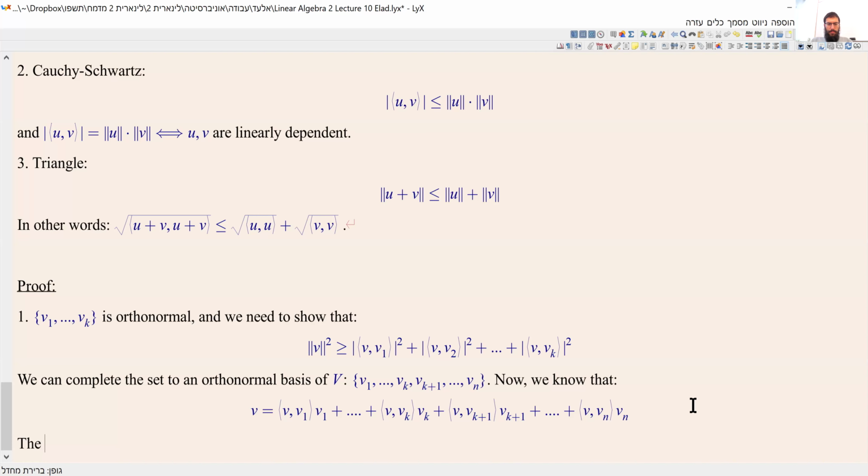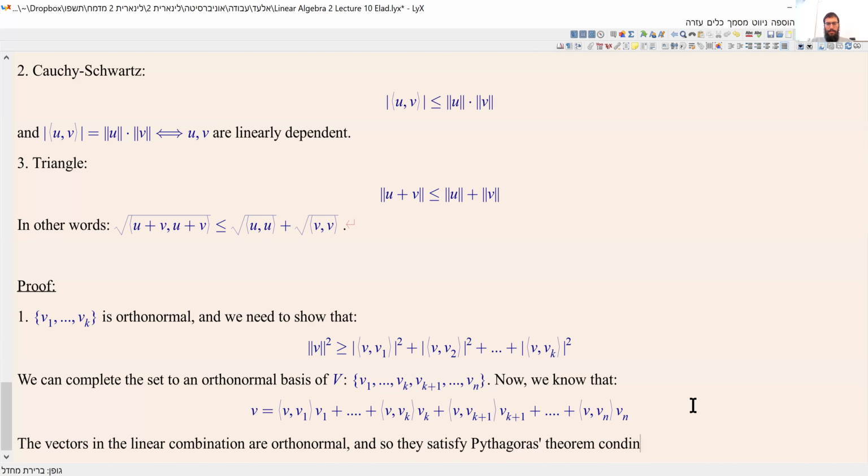The vectors in the linear combination are orthonormal, which means that they are orthogonal, and so they satisfy the Pythagoras theorem conditions.